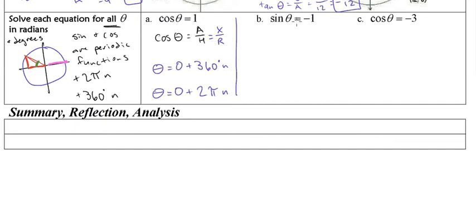All right. Now, sine of theta equals -1. So when does sine of theta equal -1? Remember, sine is opposite over hypotenuse. And so we're looking for where on our unit circle do we get a value of -1. As we go around, remember the y value is our opposite.